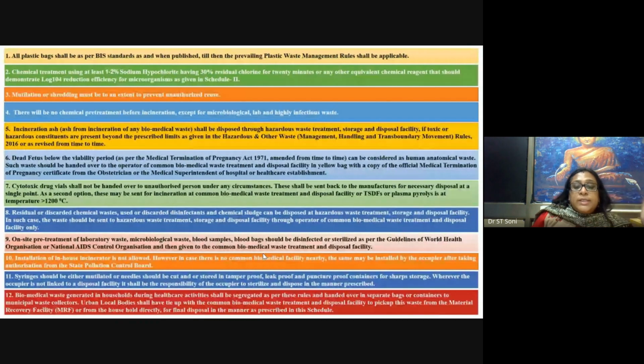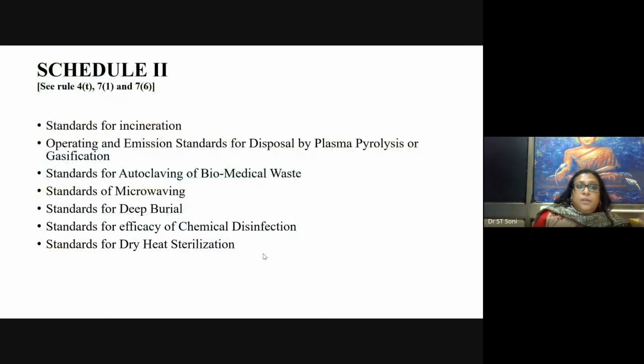In the general municipal waste, it is the swachhta category where the dry waste is discarded, and these bags are not puncture proof and have no biohazard label. The blue color of the biomedical waste is not a bag, it is a puncture proof, tamper proof container.